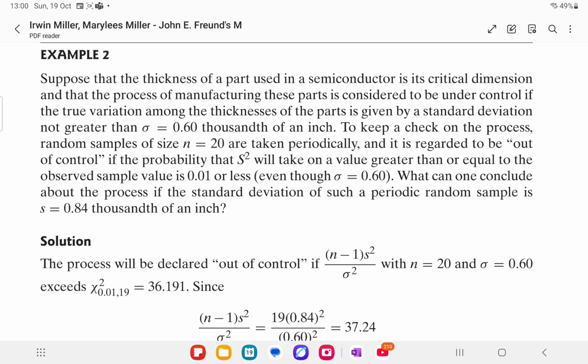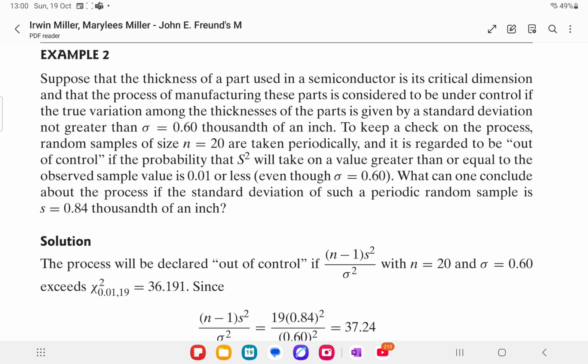If the true variation among the thickness of the parts is given by a standard deviation not greater than 0.60 thousandths of an inch, to keep a check on the process, a random sample of n equal to 20 is taken periodically and is regarded to be out of control if the probability that S square will take on a value greater than or equal to the observed sample values is 0.01 or less.